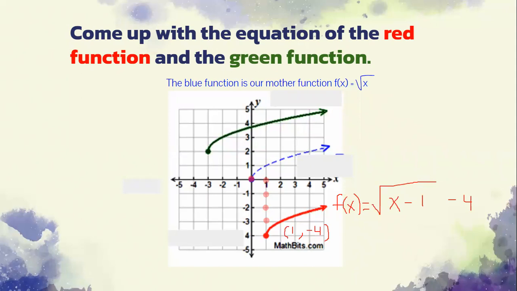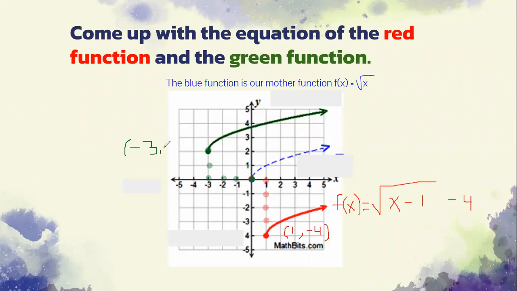For the green function, let's repeat the same process. Again, we're going to start at our locator point 0, 0 right here at the origin, and we'll see where our graph moved. It went over 1, over 2, over 3 to the left 3, and up 1, up 2. So our locator point is now at -3, +2.